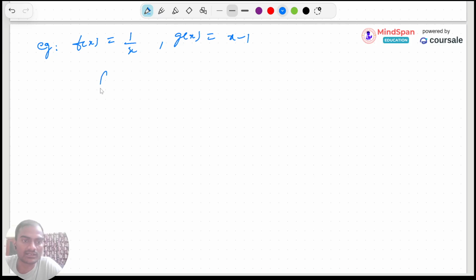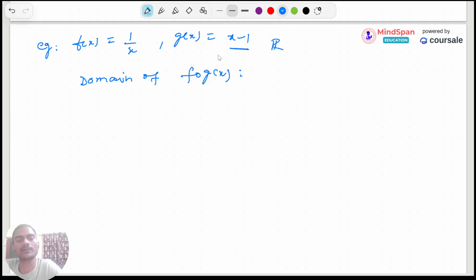Now if we analyze the domain of f of g(x), if we blindly see that g is the first function, whatever g accepts, f of g will also accept, then we can say the domain of g is all real numbers, right?